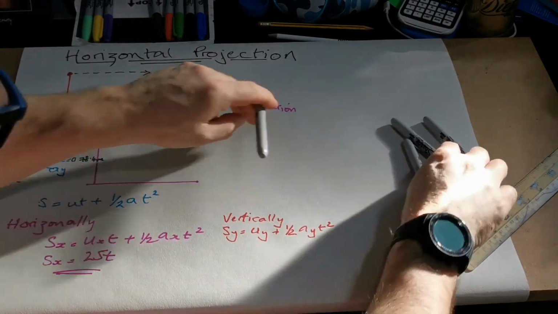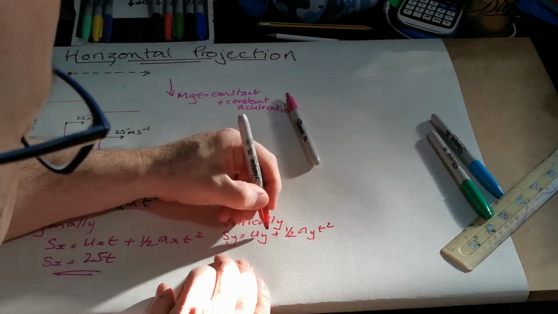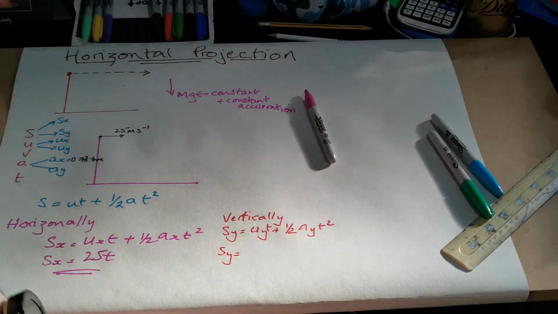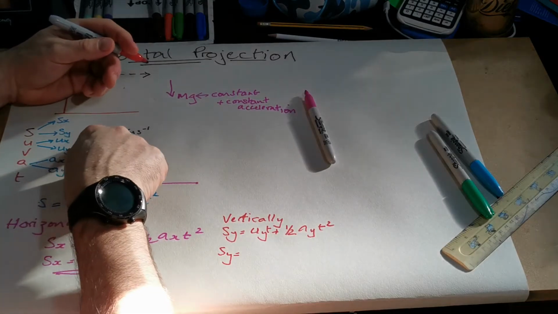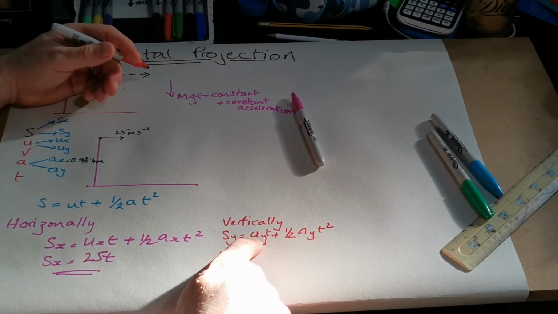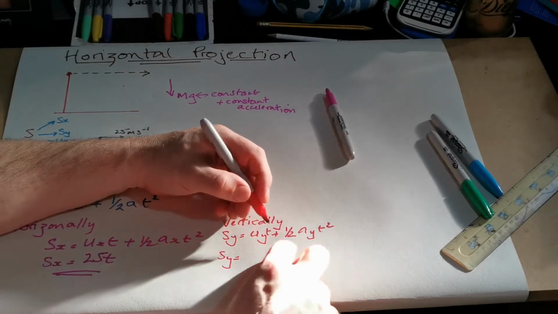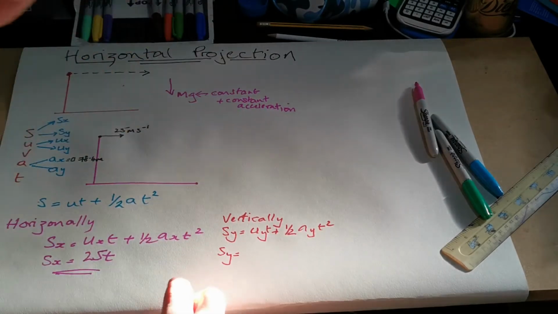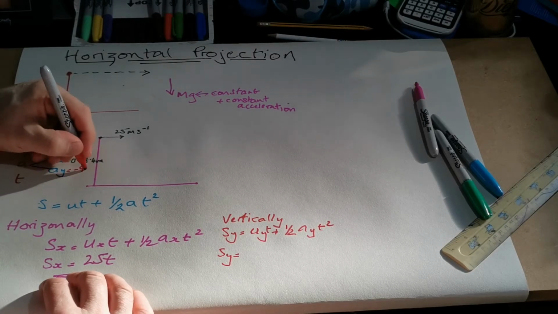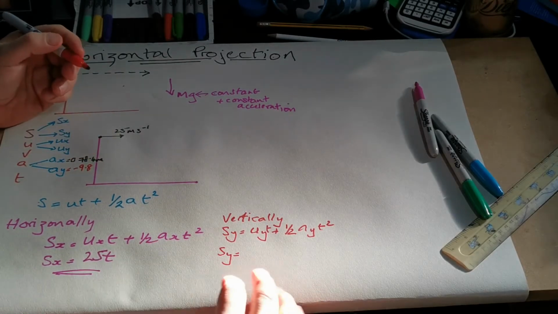Sy equals, well, it said this has been projected horizontally, so it's got no initial velocity in the y direction, so that's 0. And I know that Ay is always minus 9.8.